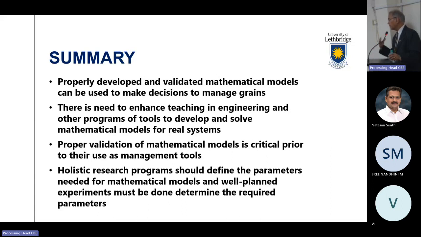That's where engineering comes in. By definition, the engineering profession is the application of the basic sciences to solve problems. And that's where, having a good understanding of mathematics, you are now applying that to solve the problems. So it needs to be enhanced in the engineering programs.